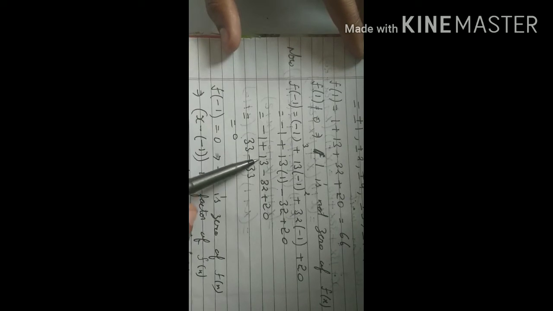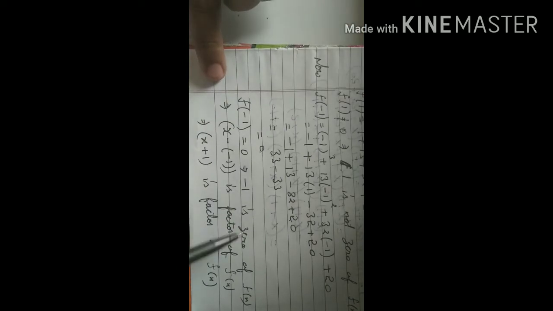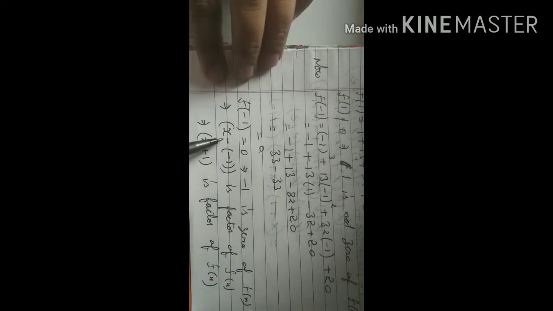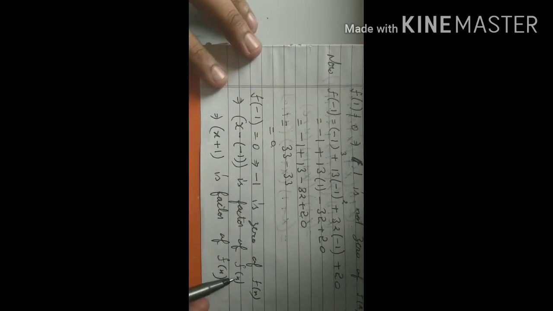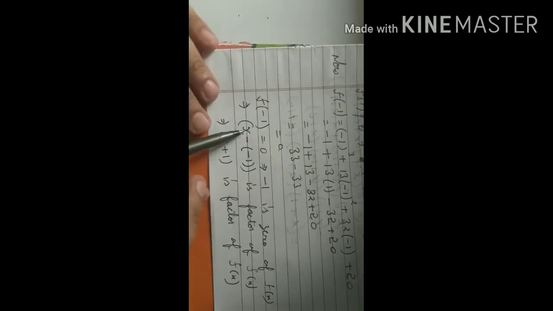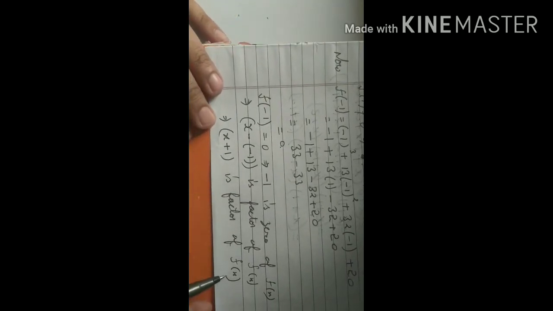Minus 1 plus minus 32 is minus 33, and 13 plus 20 is 33. 33 minus 33 is equal to 0. f of minus 1 is equal to 0, it means minus 1 is a zero of f of x. Then x minus of minus 1, that is x plus 1, is a factor of f of x according to the factor theorem. So we get a factor of this polynomial, and that is x plus 1.